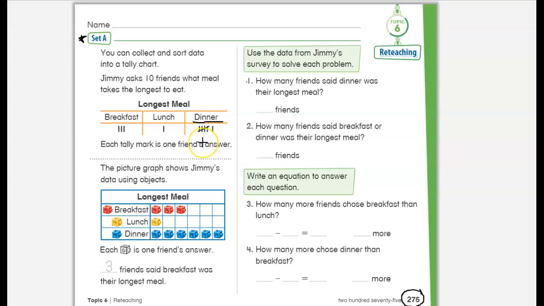Remember that when we have 5 tally marks, we draw the 4 straight lines and the 5th tally mark goes diagonal. So here we see 5, 6. 6 friends said that dinner was their longest meal.